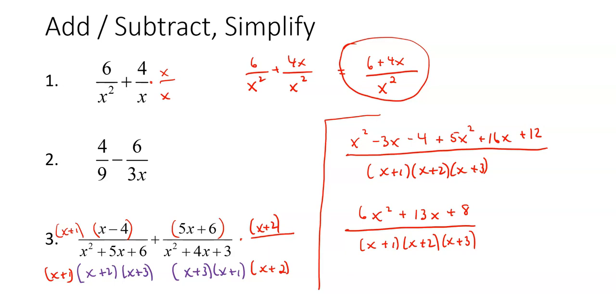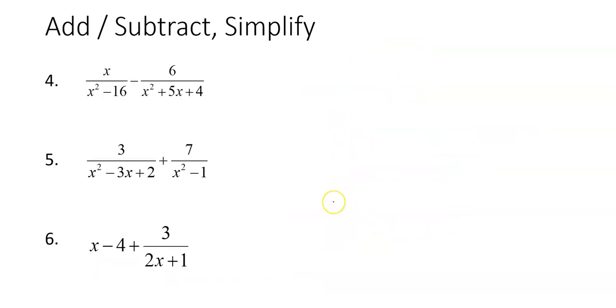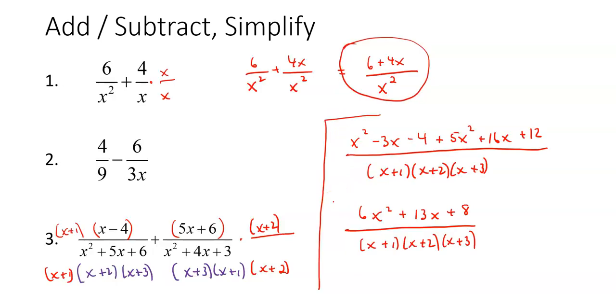So I'll be looking for factors of 8 that add up to 13, and I can't think of any combos that work. Factors of 8 would be like 1 and 8, 2 and 4. I'm not coming up with any that add up to 13. So I would factor the top if it was factorable to see if it canceled with anything on the bottom, but it doesn't. So that's my answer.